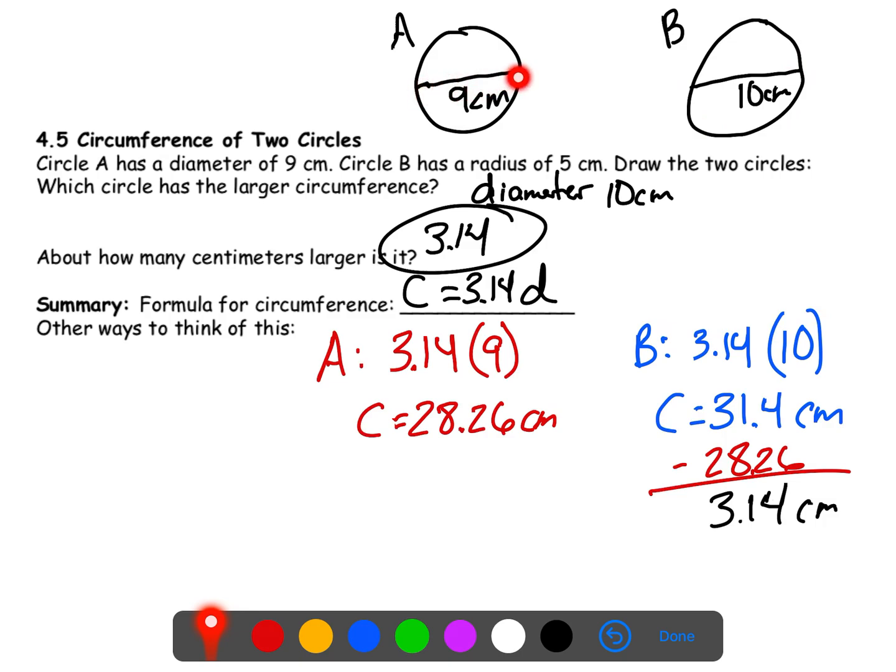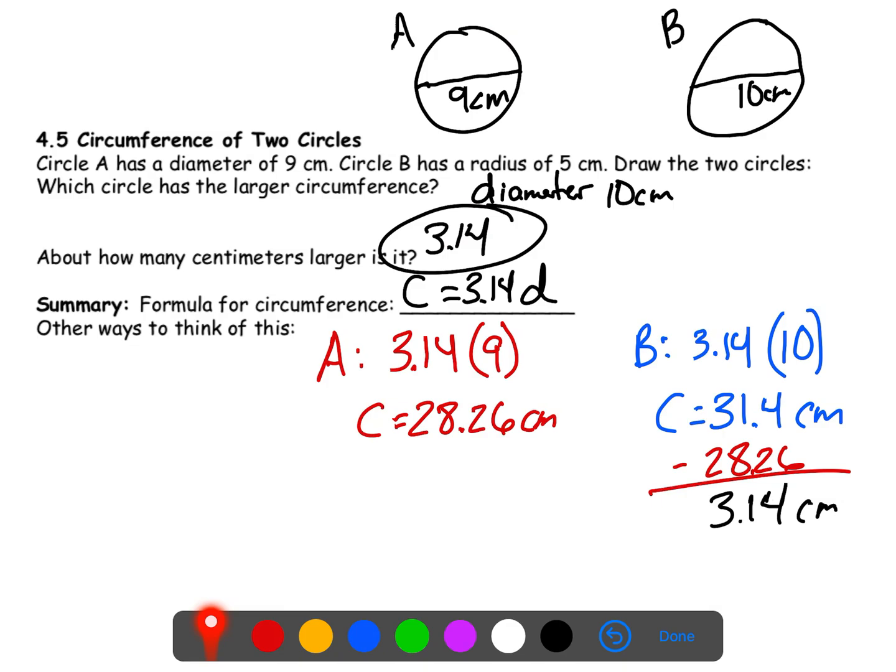Every centimeter or any kind of measurement that we gain in diameter is going to increase the circumference by 3.14. So that means if we were to get a diameter that's 1 centimeter smaller and is 8 centimeters, then our circumference is going to be 3.14 centimeters less than it was here. Each of those centimeters changes the circumference by our constant of proportionality.